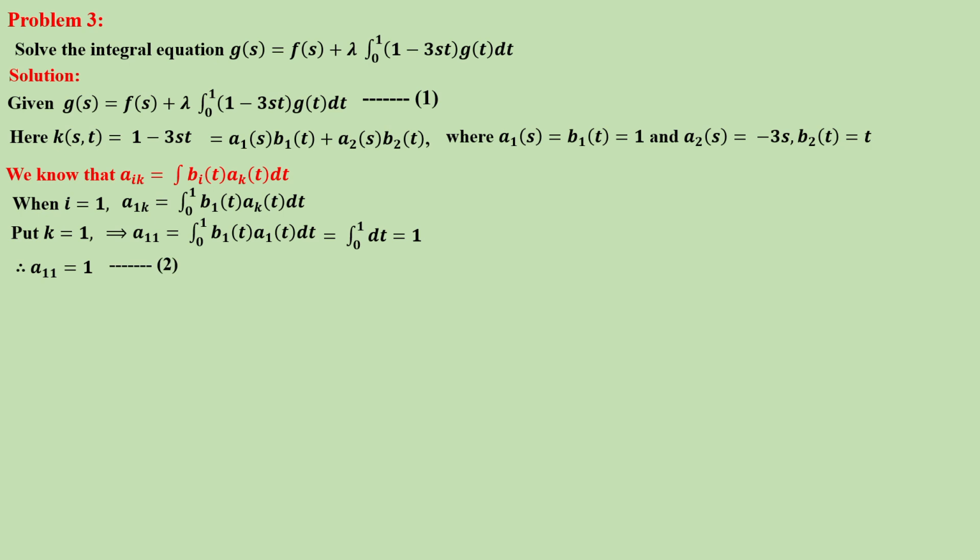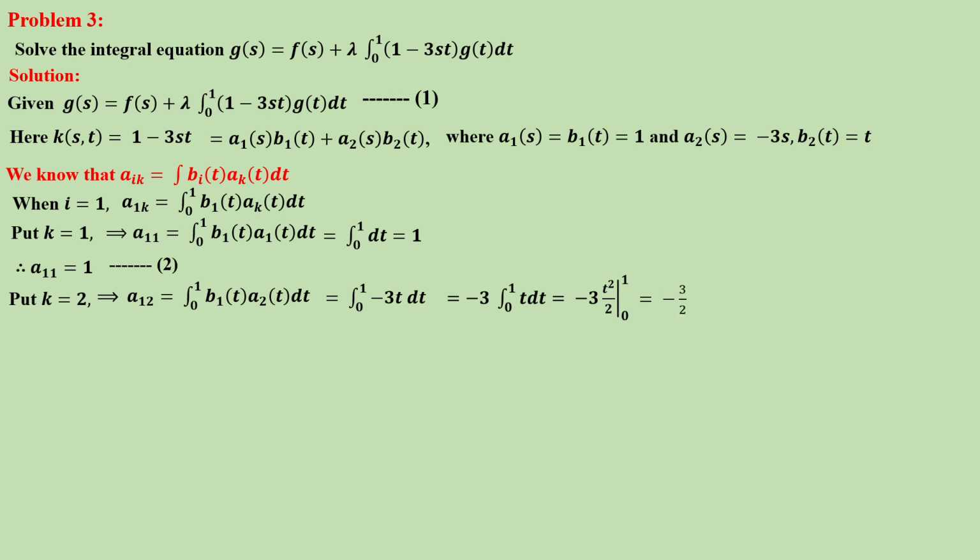That is equation number 2. When k = 2, a12 = integral from 0 to 1 of b1(t) a2(t) dt. Substituting, 1 into -3t dt. The integral of -3t is -3t^2/2, lower limit 0, upper limit 1, so substituting the limits, -3/2. This is a12 = -3/2, equation number 3.